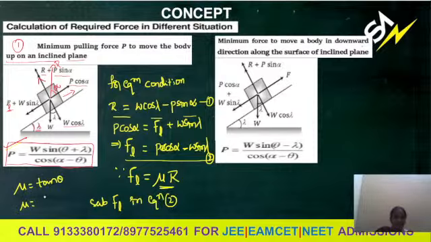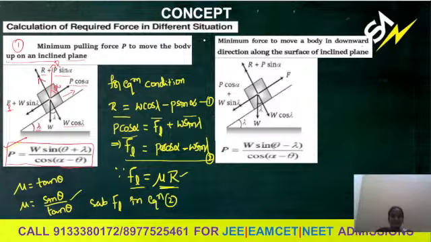Means mu is equal to tan theta, that is sin theta by cos theta. So by substituting the mu value, the F value as this, and the R value like this, W cos lambda minus P sin alpha, substituting all in equation 2, we get that minimum pulling force.